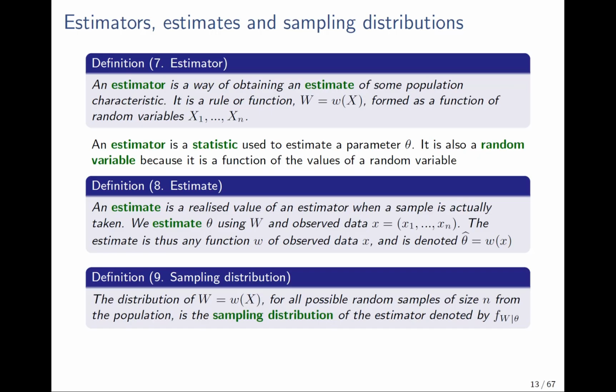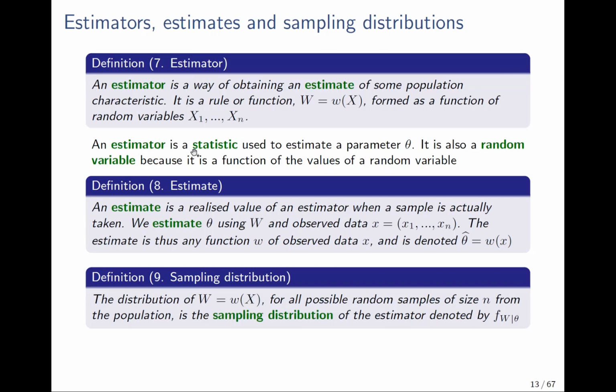For example, earlier on, we were looking at representing the distribution of a random variable via order statistics. We weren't actually talking about estimating parameters, we were just trying to describe the distribution. An estimator is different. It's specifically targeted at trying to uncover or infer the value of a parameter.